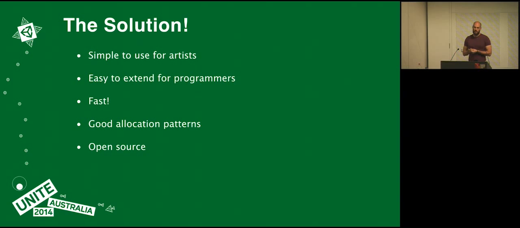In addition to this, this was confounded with the added problem that we needed to make it fast. So we made decisions where we would draw a line between what code would be in C++ and what code would be in C#, so that we had what we feel is the best of both worlds. We'd have a C++ side that was very, very quick, and this is to do with the canvas batching and the rendering and that kind of stuff, and a C# side that was very flexible and easy to extend.